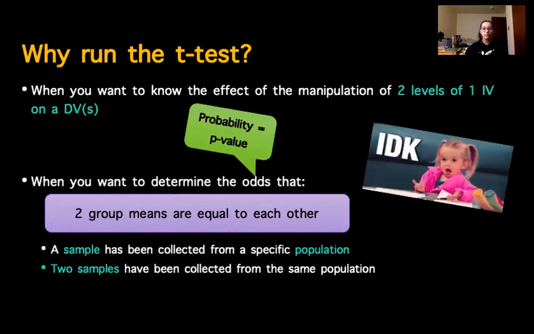So we know two levels of an independent variable mean that we have two samples, right? If it's a between sample group that's two different sets of people, if it's within sample, it's the same people, but they're just measured under two different conditions, right?